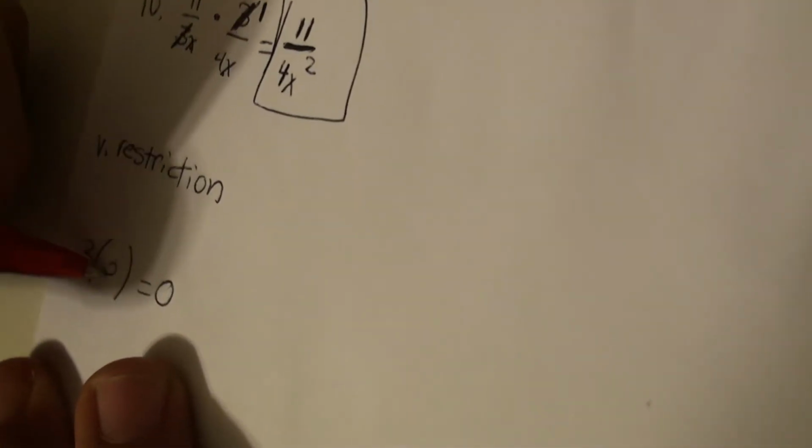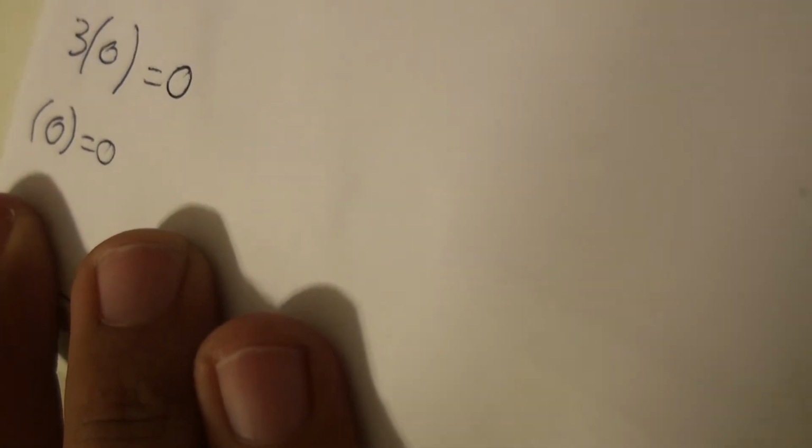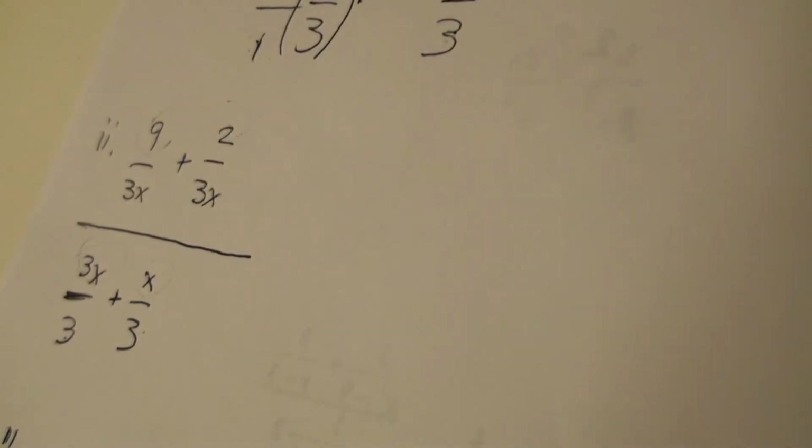And in this case, 3 multiplied by 0 will give us 0. And right here, x cannot equal 0, so what is going to equal 0? And obviously that's 0. And then right here, there's no variable, so that's just 0. So our restriction, in this case, is 0.